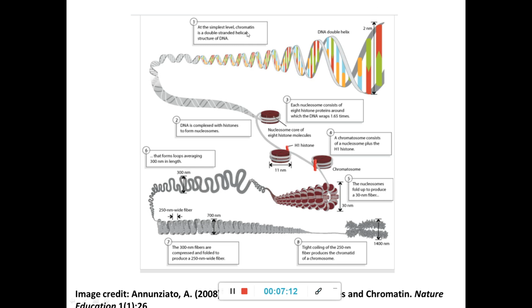At the simplest level, chromatin is a double helical strand of DNA complexed with histones to form nucleosomes. The nucleosome is a core of 8 histone molecules, and the DNA wraps around it.